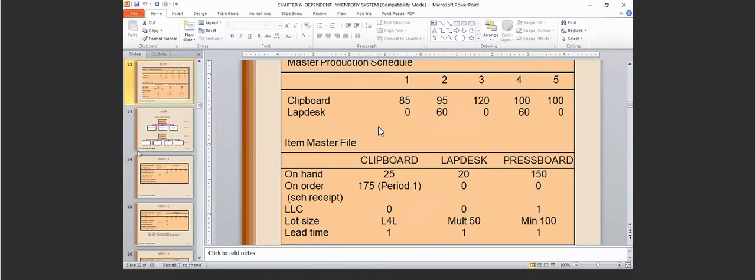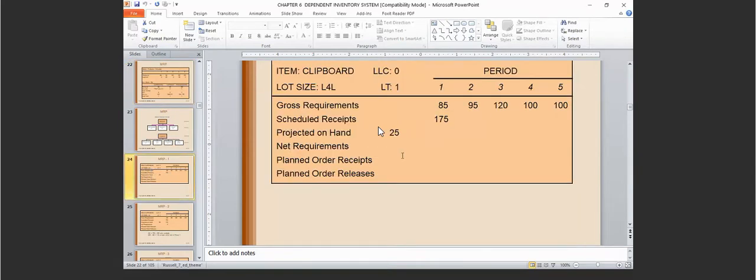The information must be aligned with the item provided in the master production schedule and item master file. So this is the first step, to key in the input into the MRP table.